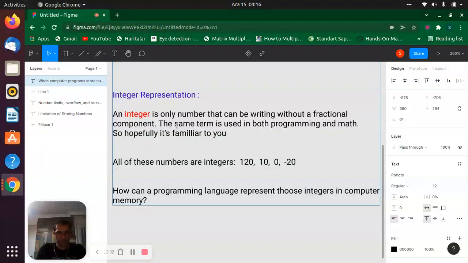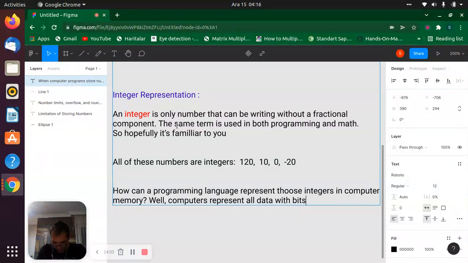Now we will write all computers. Computers represent all data with bits. Okay.